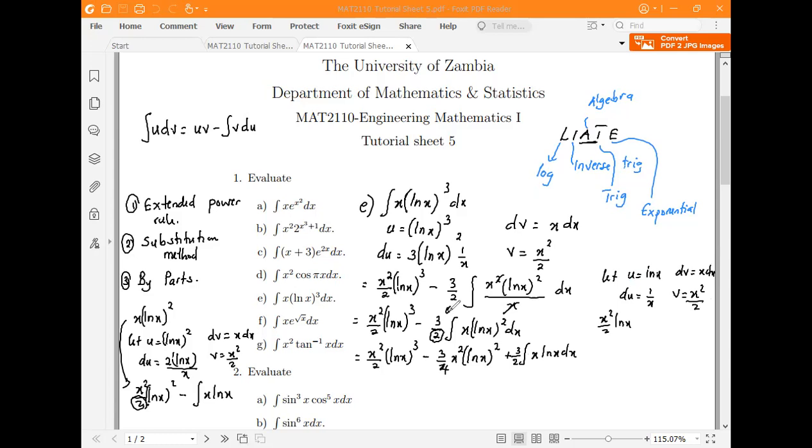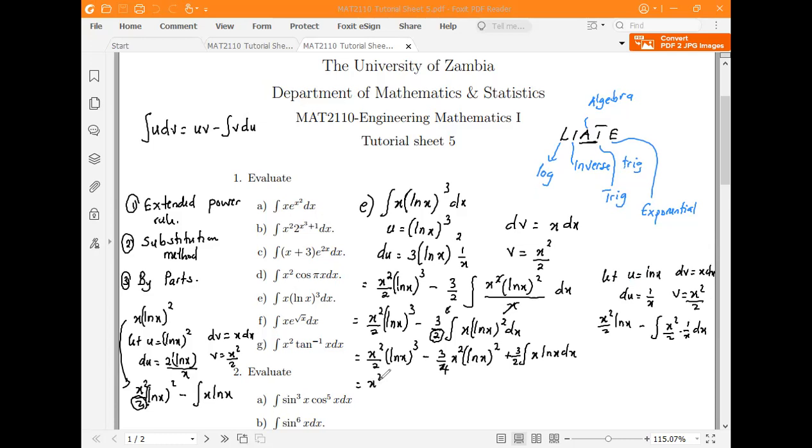So x squared over 2 ln x, then minus the integral of x squared over 2 multiplied by 1 over x dx. So that means, where are we?